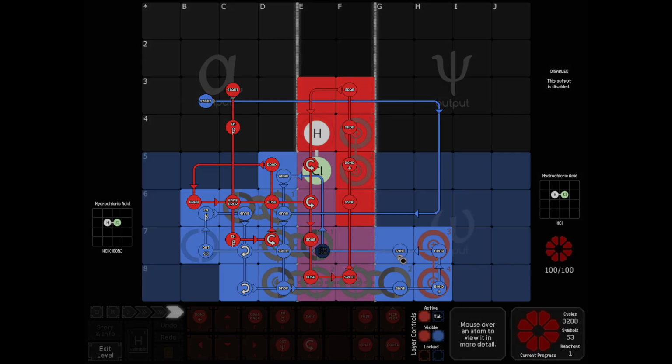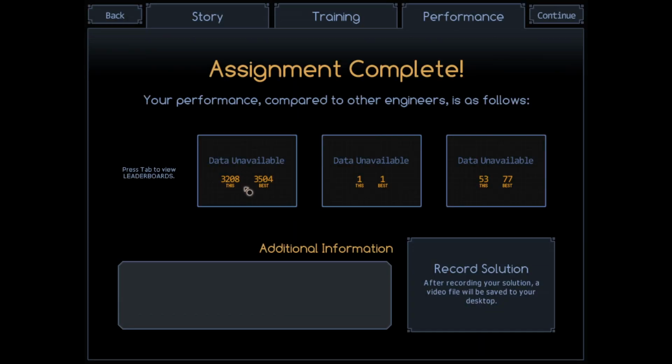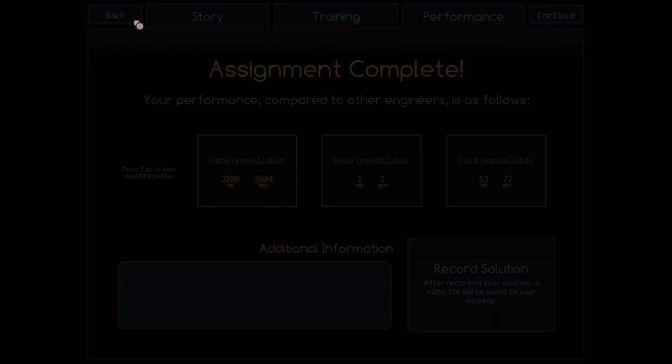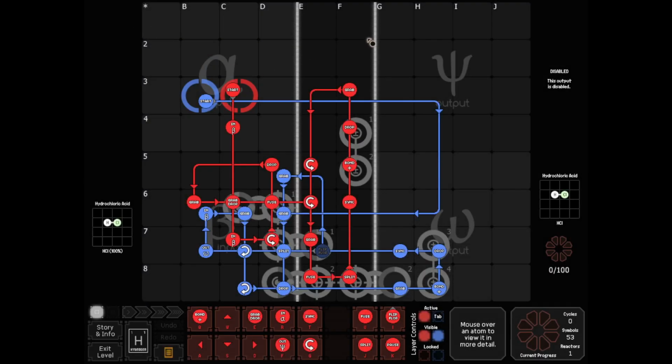And it is an even faster solution than the previous one. And I think it is the fastest out of all the scoring solutions. Little spoiler there.